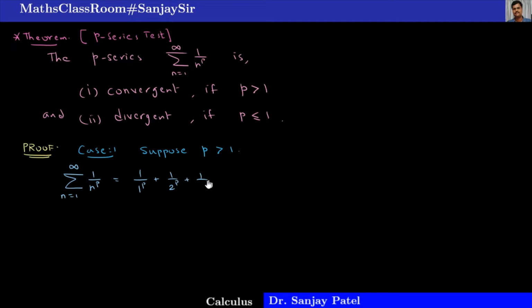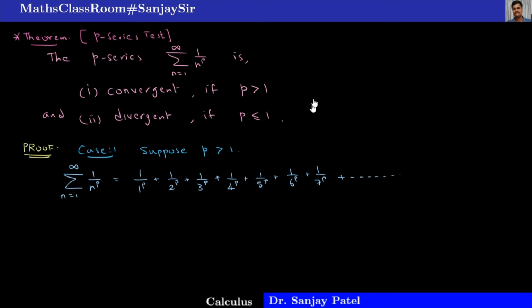Let me write down some more terms to understand the logic of these arguments: 1 upon 4 raised to p plus 1 upon 5 raised to p, 1 upon 6 raised to p, 1 upon 7 raised to p, and so on.